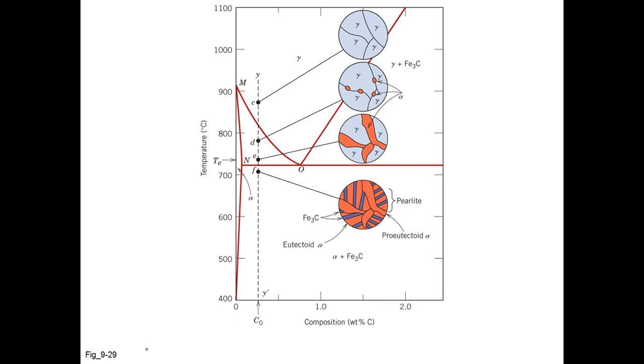Problem 9.67 says that the microstructure of an iron-carbon alloy consists of pro-eutectoid ferrite and pearlite. The mass fractions of these two microconstituents are 0.174 and 0.826 respectively. And we're asked to determine the concentration of carbon in this alloy. So let's take a look at the relevant phase diagram.